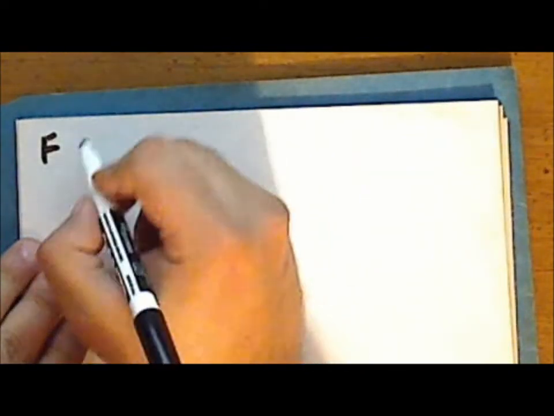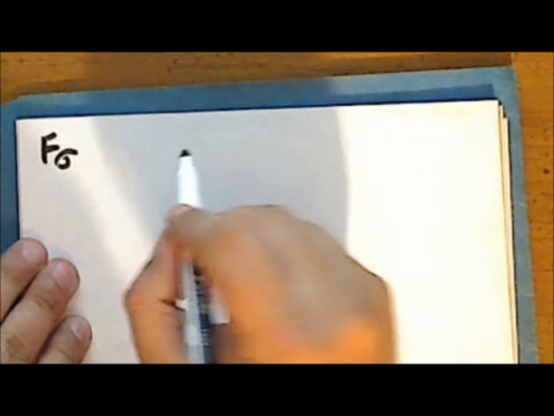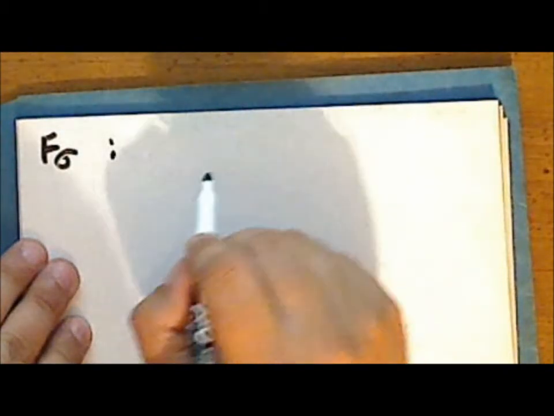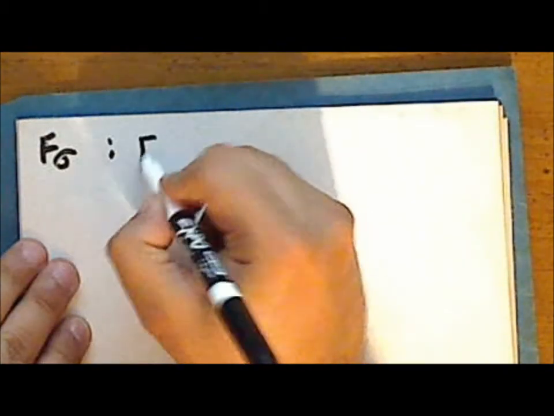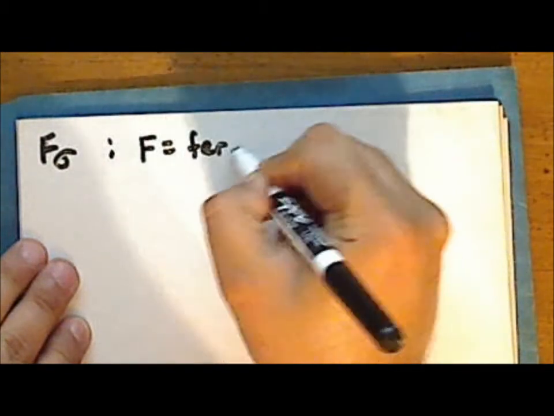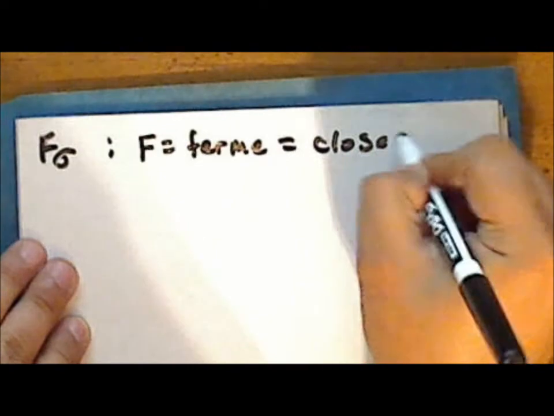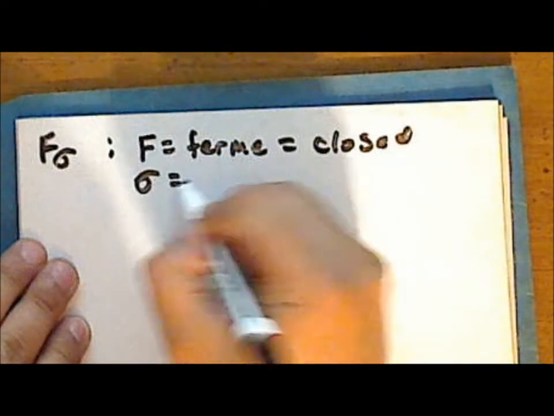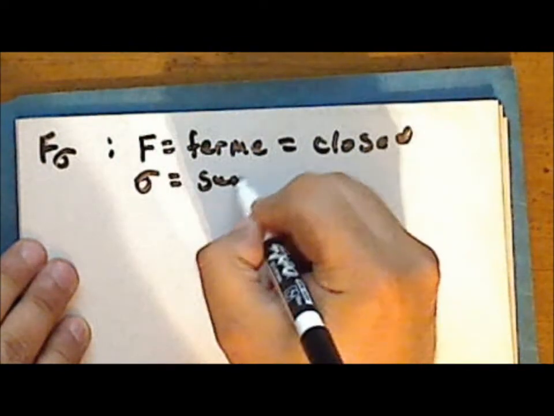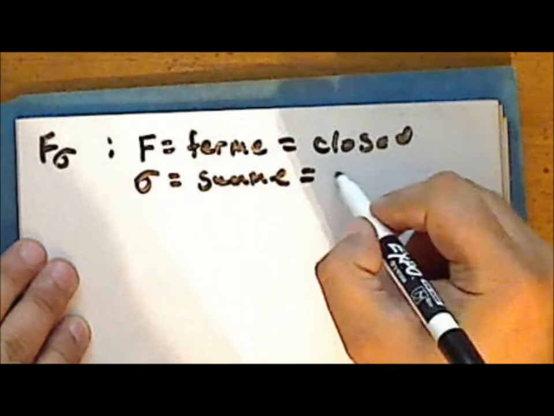Now the names of these sets are easy to remember if you associate them with their origin. The F sigma sets are named for two components, both French words. The F stands for fermé, which means closed, and the sigma stands for somme, which means union.